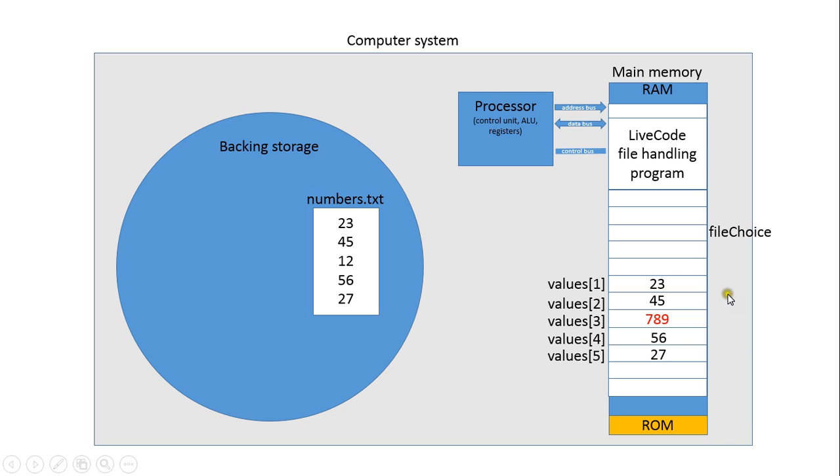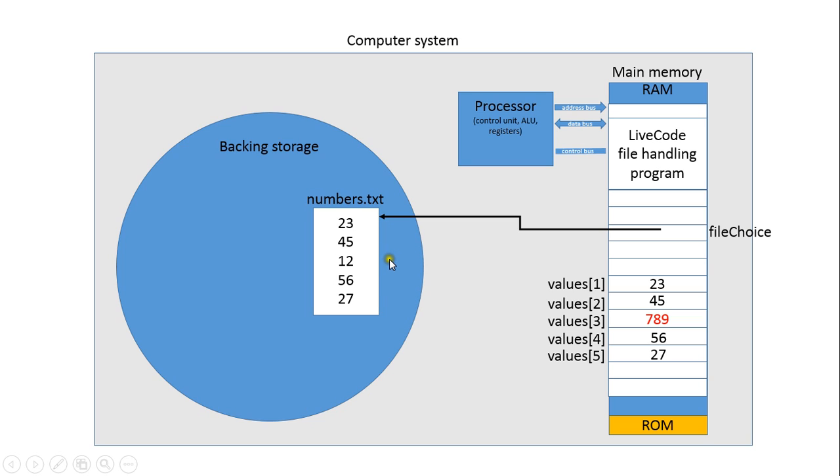So once again, I have to make the link between my RAM variable called file choice. I have to assign it to this external file, give it the address, and then I have to open the file for writing.